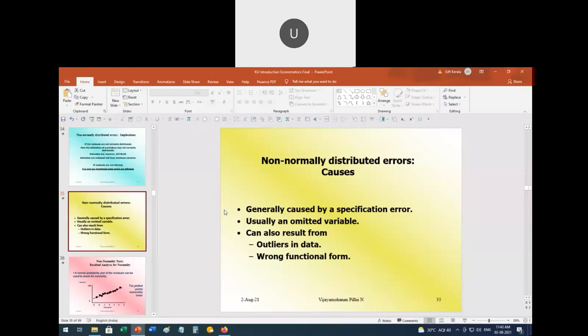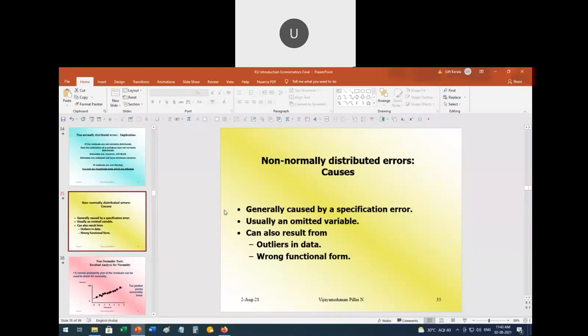Orthogonality is different from autocorrelation. Autocorrelation refers to the correlation among the error terms, that is u1 and u2, u1 and u3, u1 and u4, and so on, u2 and u3, u2 and u4 and so on, within the error terms.